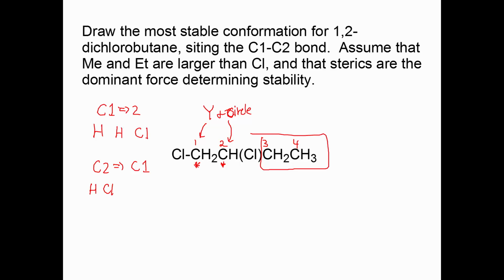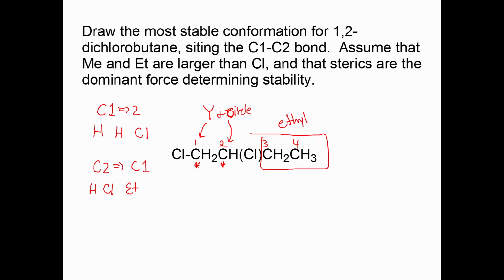All right, so CH2, CH3, that's what C3 and C4 is. We've in the past referred to that as an ethyl group, so we're going to have, at C2, hydrogen, chlorine, and ethyl.